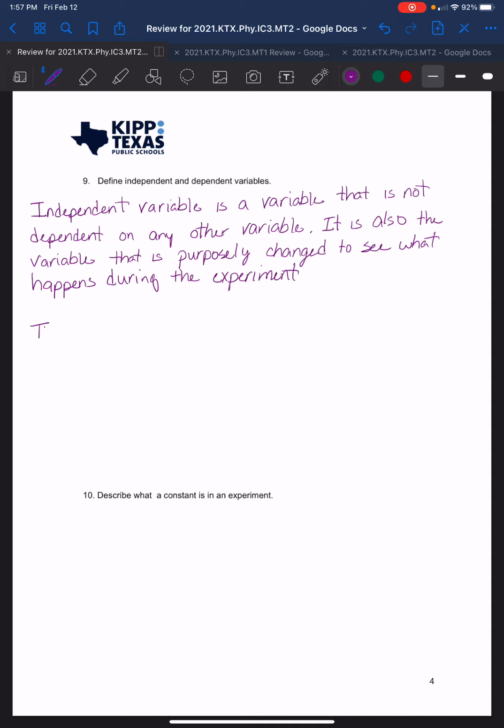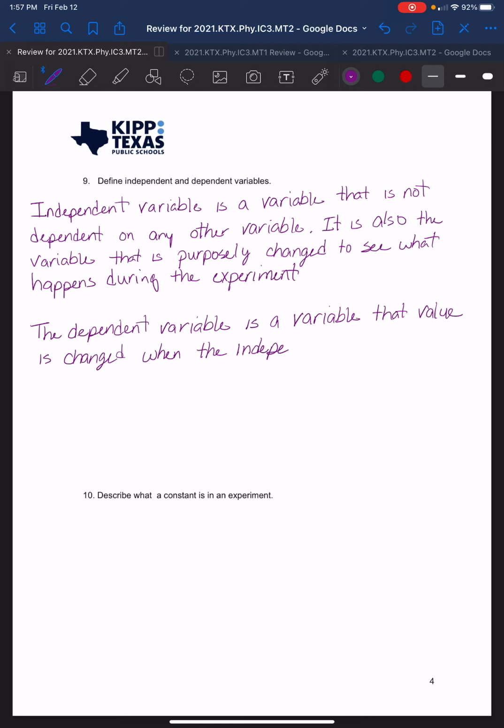So the dependent variable is a variable that value is changed when the independent variable is changed.